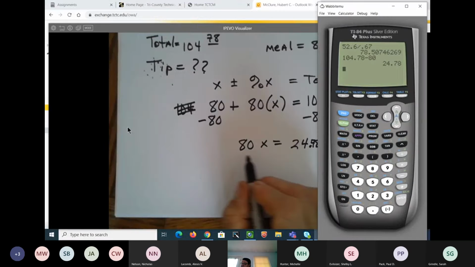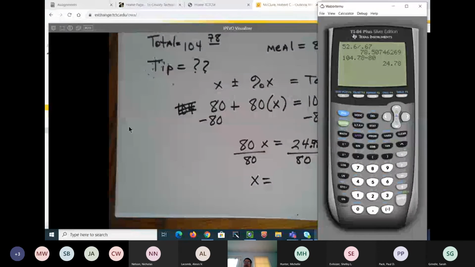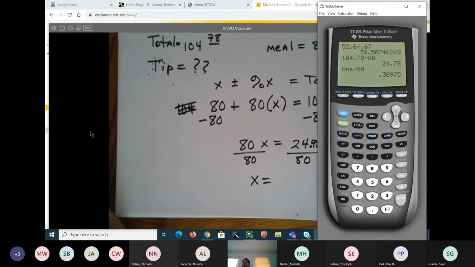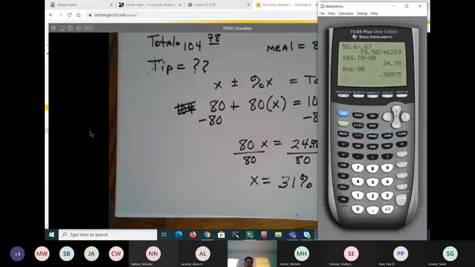And I'm going to divide by 80. And what kind of a tip? Well, 24.78 divided by 80 is 31%. So I gave that waitress or waiter a 31% tip. And that's how you use the Walmart equation.